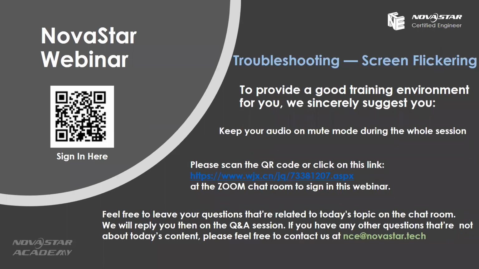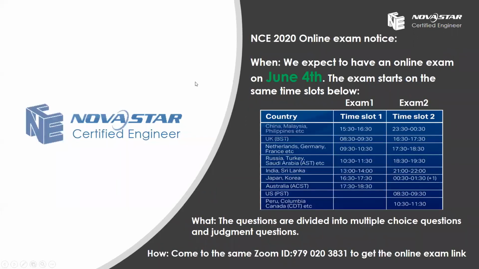What we're going to talk about is some information you want to know. It's about the exam. We expect to have an online examination on June 4th, and the exam starts at the same time slot below.